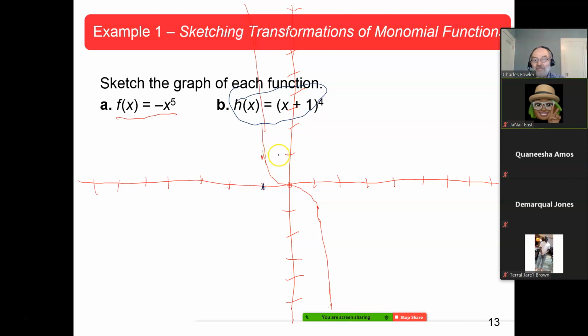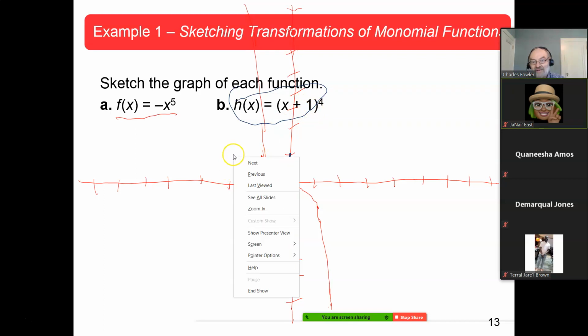Now, this is an even function, so from here, it goes up. When x is 0, 0 plus 1 is 1, raised to the fourth power is 1. When x is minus 2, minus 2 plus 1 is minus 1, raised to the fourth power is plus 1 again.